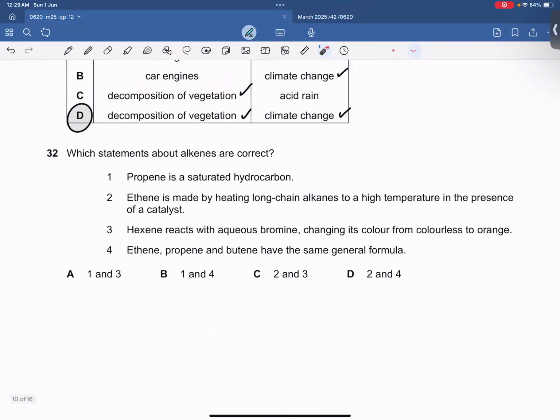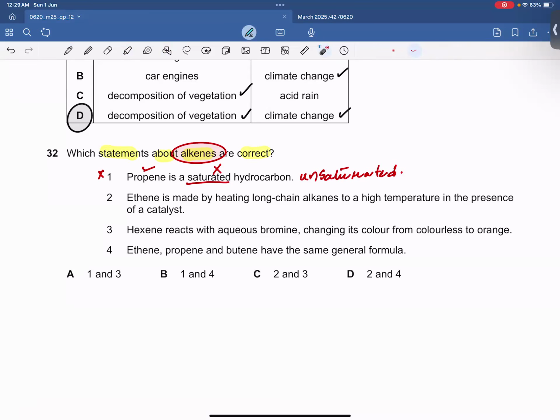Question number 32. Which statements about alkenes are correct? Examiner is looking for alkene. So propene is an alkene, and all alkenes are saturated hydrocarbons? No. Unsaturated hydrocarbons? That's incorrect.